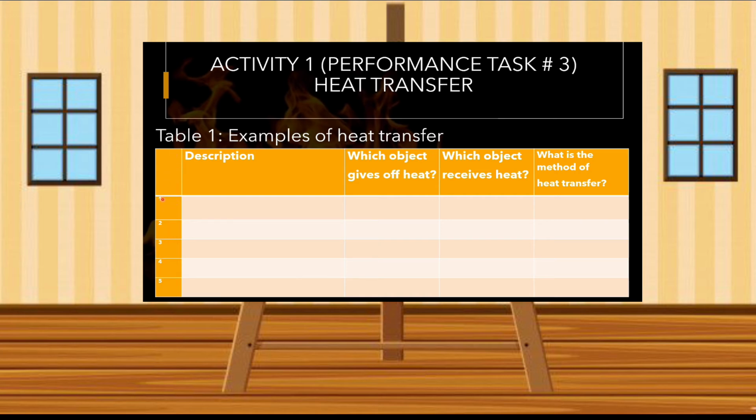For the first column, this is the number of the situation. So we have here 5 situations. Second column, the description or the situation. Then, third column, which object gives off heat. Next, which object receives heat. And next, what is the method of heat transfer?